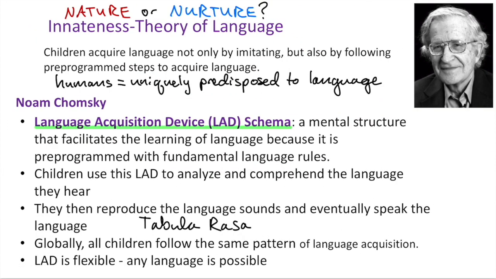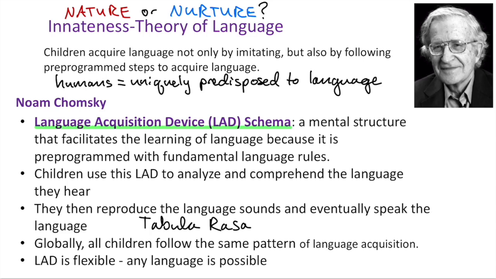Another theory under Noam Chomsky states that as humans, we are unique amongst all other animals, amongst all other mammals. We are the only ones that form language in such a complex way that we have. And he believes that that is because we are pre-programmed to be able to understand language. And that pre-programming is this metaphorical language acquisition device.